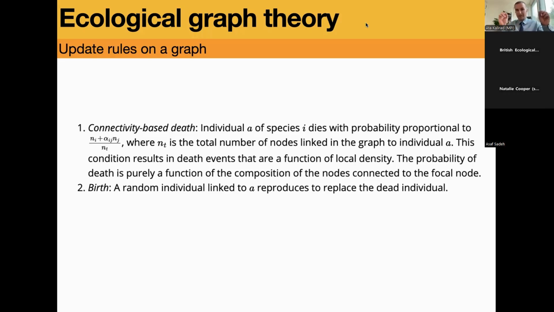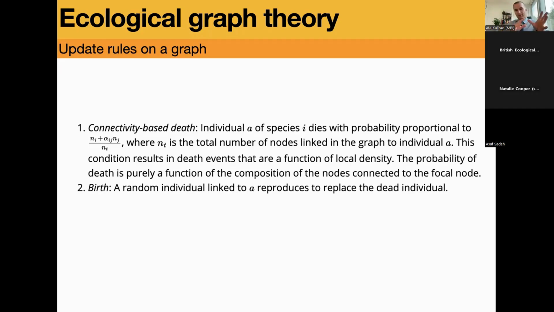Each node represents an individual connected to a given node, so what is the species composition of the neighborhood of a given node? That determines the probability of that node dying, or the individual on that node dying, and making that node available. Once the death happens and you have an empty node, a birth in this case would be a random birth, which fills in the space that has become available.